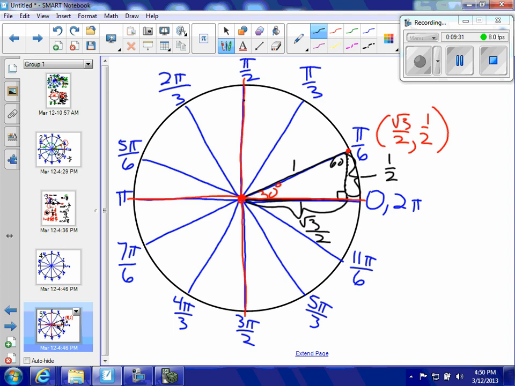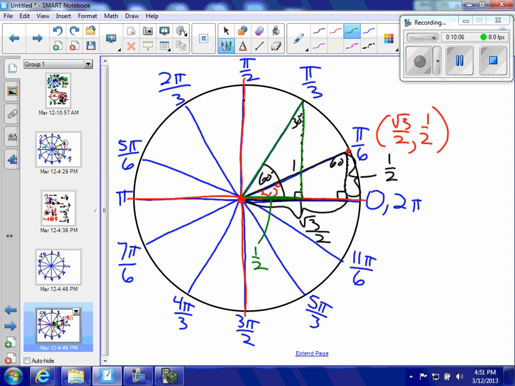Well, let's look at it this way. I'm going to drop this perpendicular down to there. Now I know that this angle is 60 degrees. And I know that this angle is 30 degrees. Well, what do I know then? I know that this distance I've just drawn in green, because again, now I have this 30, 60, 90 right triangle, is 1/2.